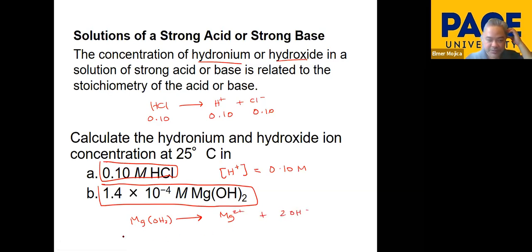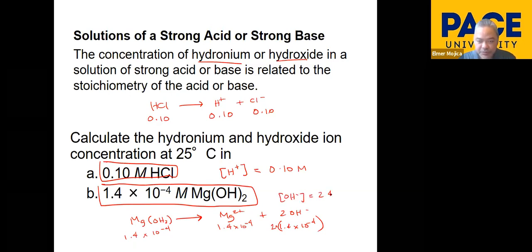So that means for every 1.4 times 10 to the negative 4 magnesium, you will have 1.4 times 10 to the negative 4 times 2 hydroxide. So the hydroxide is 2.8 times 10 to the negative 4 molar.